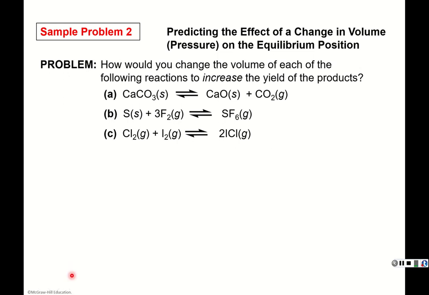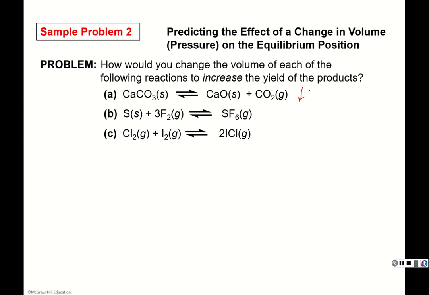Right, so we have more moles of gas on the right side, right? In this case, we want to favor that side, the right side, that has more moles of gas. So we would want to lower the pressure.